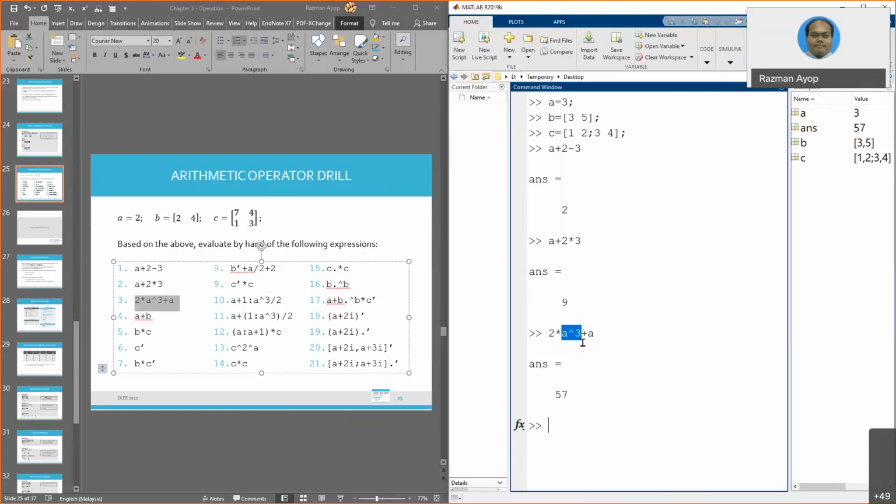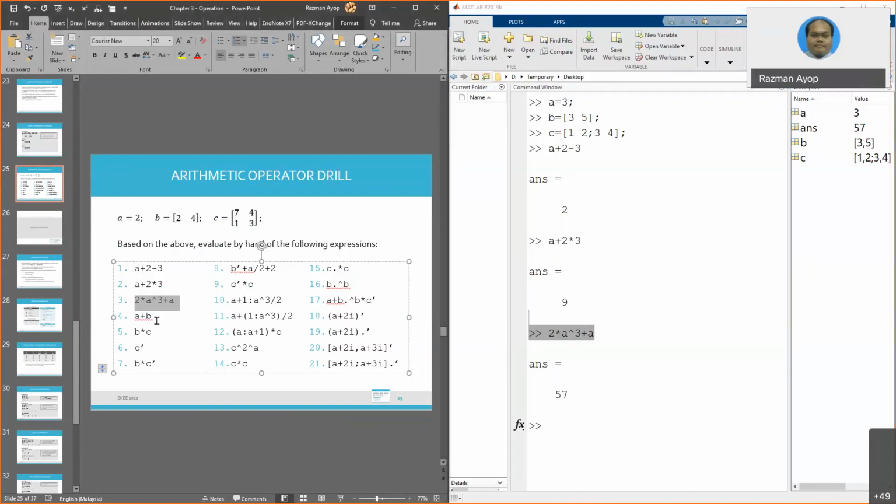So 3 to the power of 3 is 27. 27 multiplied by 2 is 54. And then plus A. Remember, multiplication first. Make sure you use the multiplication first. So you have to solve this first and then multiply and then plus.